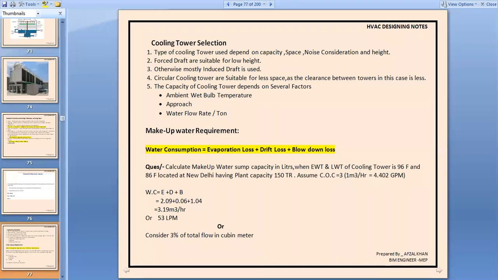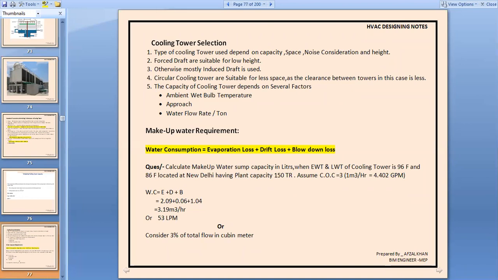Entering water temperature, you know how much? It is 96 and 86. So directly I'll input the values: 0.00085 into 1.8 into circulation rate, which is 102, into bracket start, entering water temperature 96 minus leaving water temperature 86, bracket close.